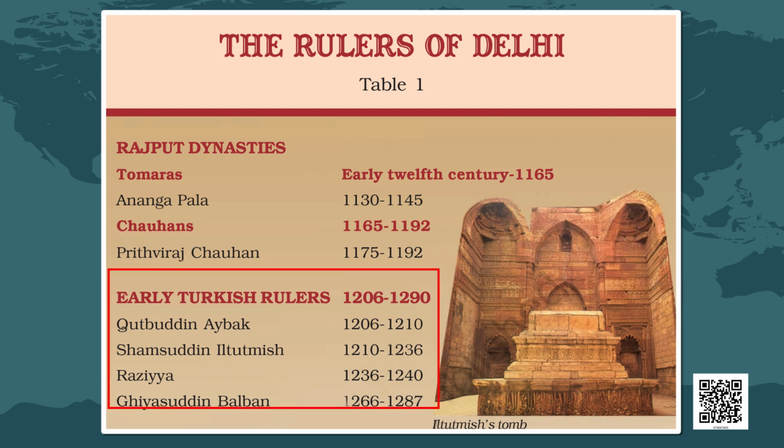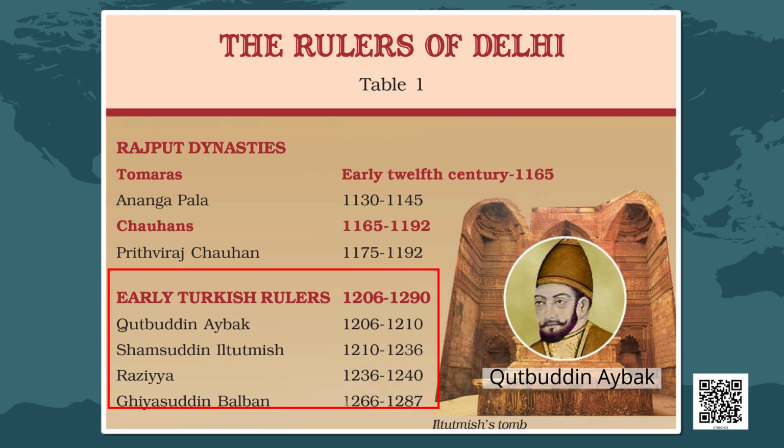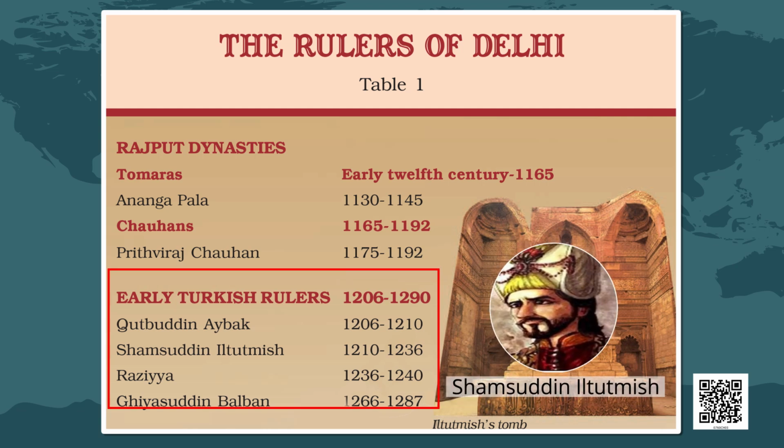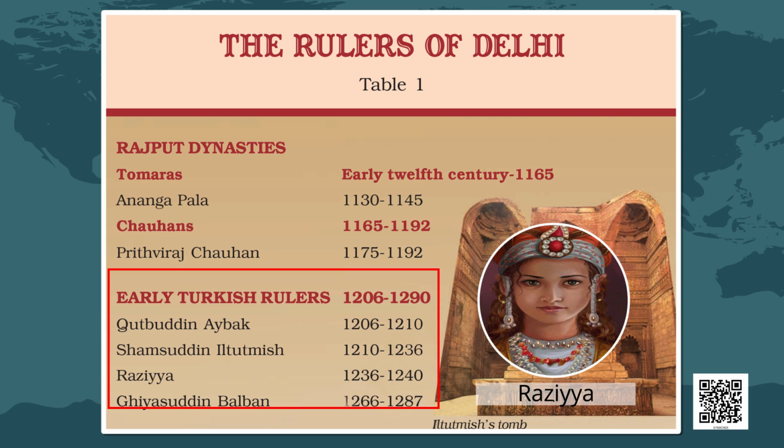After the Rajputs, the early Turkish rulers ruled Delhi from 1206 to 1290. The first was Qutbuddin Aibak, 1206 to 1210. After him, Shamsuddin Iltutmish ruled Delhi from 1210 to 1236. After him, Razia ruled Delhi from 1236 to 1240.